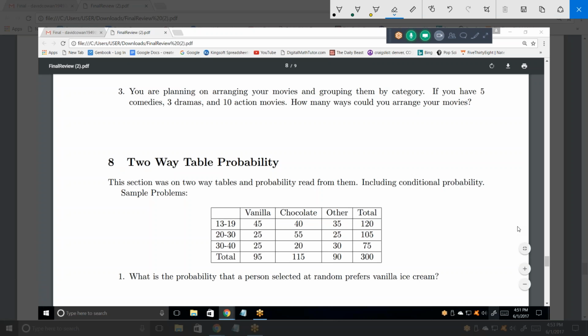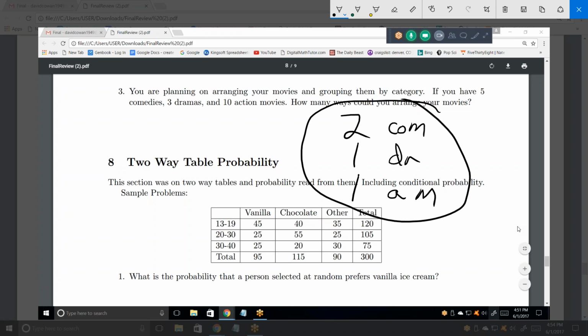How could we tell? Let's simplify everything. We're trying to figure out if the formula is correct. Let's give ourselves 2 comedies, 1 drama, and 1 action movie. How many different ways can I watch the movie?